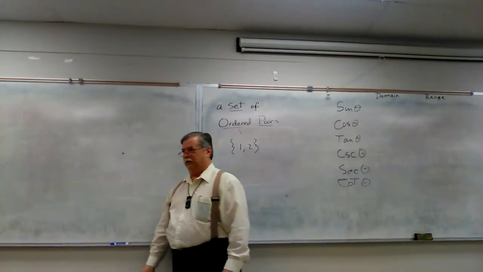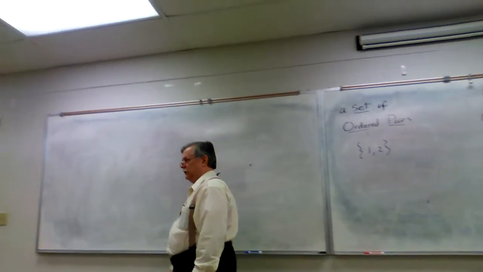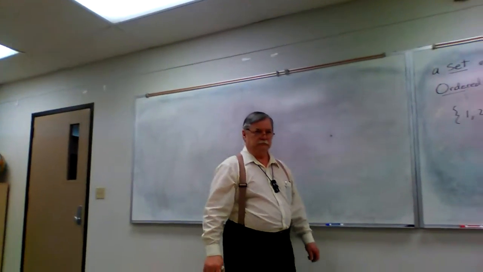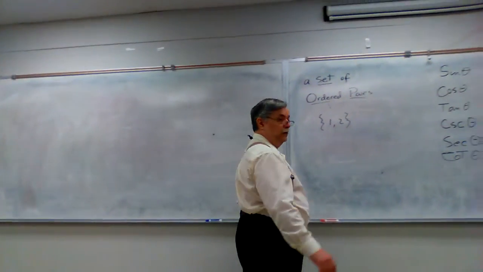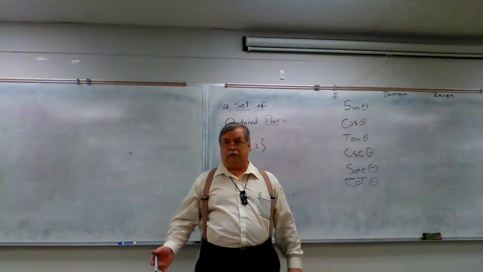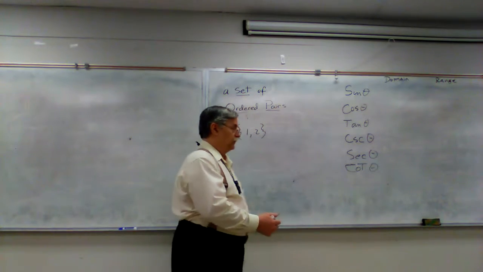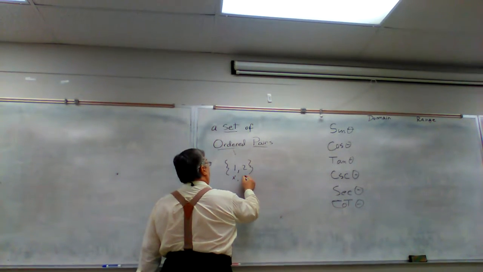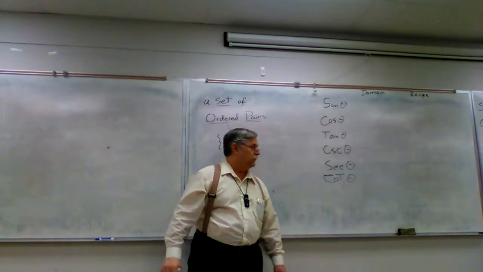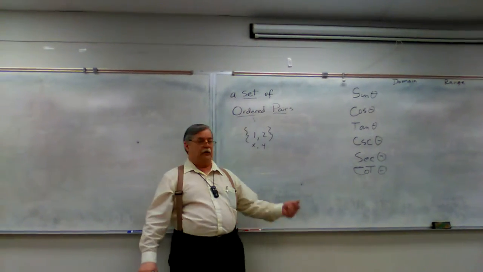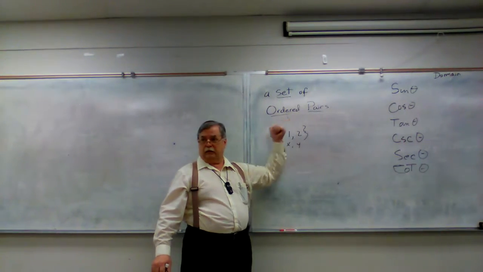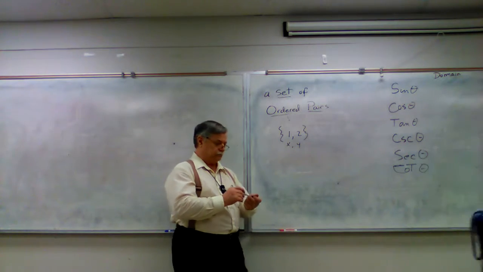That is a function, a set of ordered pairs. An ordered pair is a set of coordinates, a set of numbers, an x and a y. Hence the word ordered. The order matters.